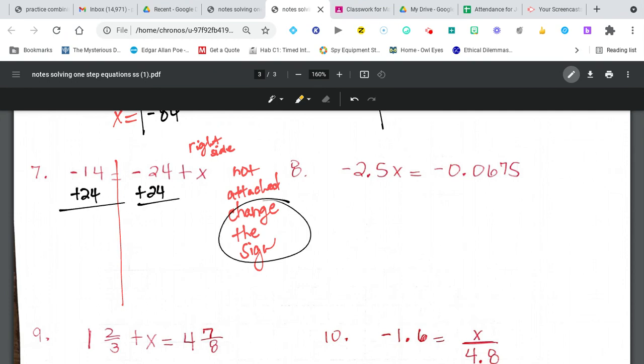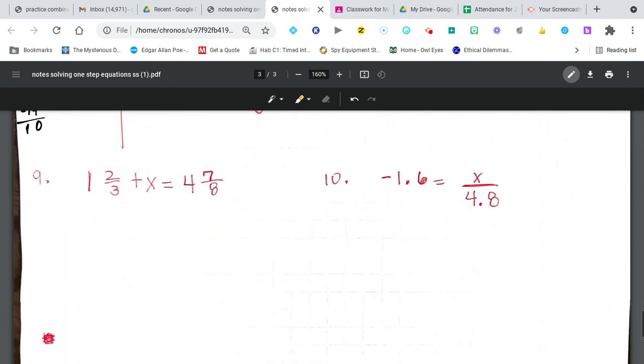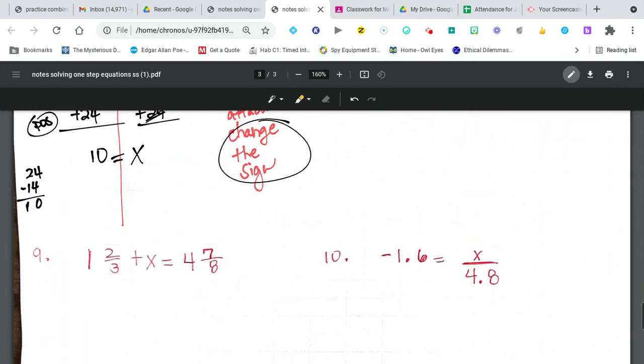And if all you're doing is changing the sign, that means it's addition or subtraction. So I'm just going to label that this is negative and this one is positive. If they're different signs, I need to subtract, but 24 is my bigger number. It's on the bottom, so I'm going to have to do a little side work and rewrite it. 24 minus 14 is 10, and it's more positives than negatives, so it's positive 10. These cancel, and I'm left with x. I've got to go to number 12.